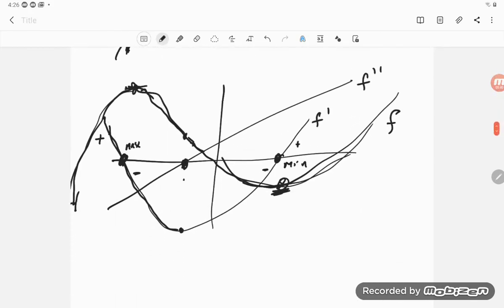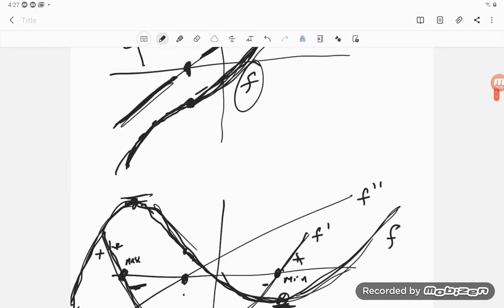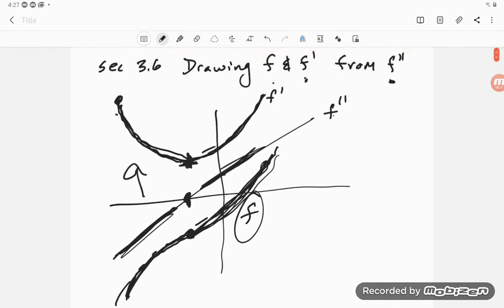But when I slid it down here, now the derivative of f is positive, and then negative, and then positive again. So when it's positive, it's increasing, then negative, it was decreasing, and then positive again. And so we ended up with these relative max and min.